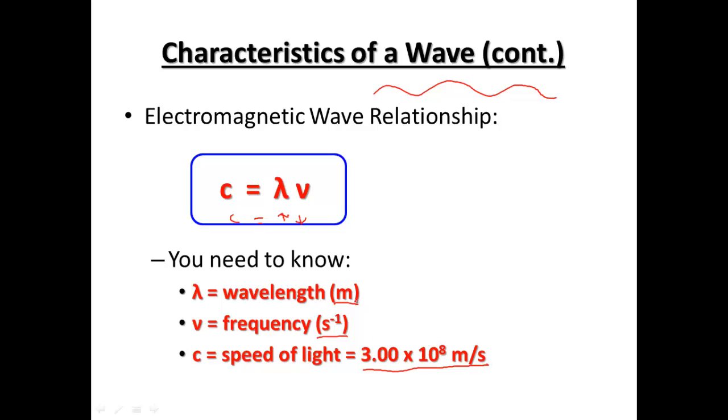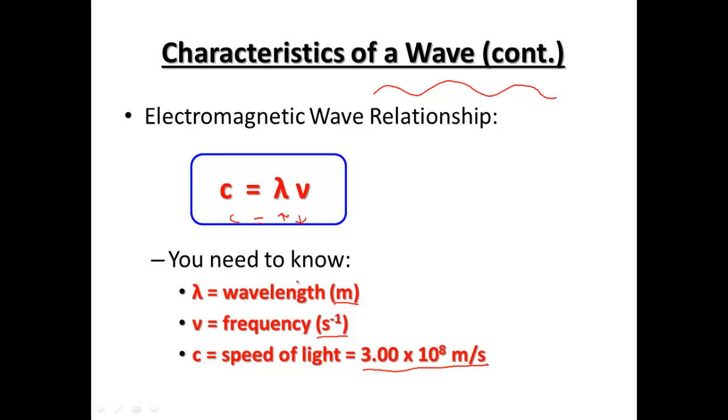As wavelength increases, frequency decreases, or as wavelength decreases, frequency increases, in order to keep our constant speed of light.